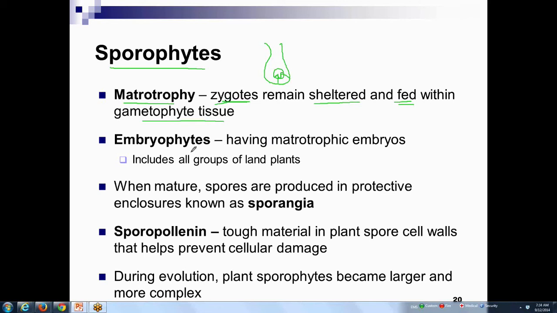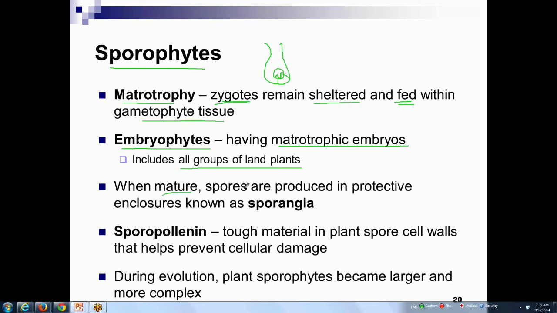So we'll say that all land plants are called embryophytes because they have matrotrophic embryos. Again, these are embryos that are being nourished inside of the parent tissues, as I showed you up here. This includes all groups of land plants. All land plants are called embryophytes. Again, they all produce embryos, zygotes that are surrounded by parent maternal tissues, we'll call them.